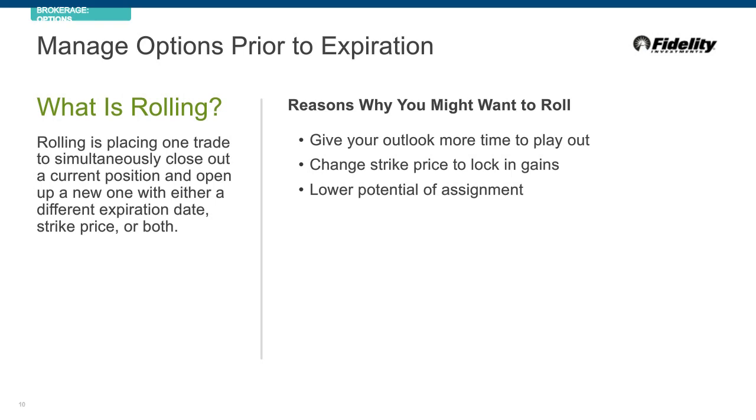Our goal, as we stated at the beginning of this session, is to end up with a trade that aligns with our outlook, because then if our outlook is correct, we stand to profit. Rolling at a credit is not as important as rolling to a trade that we expect to be profitable.